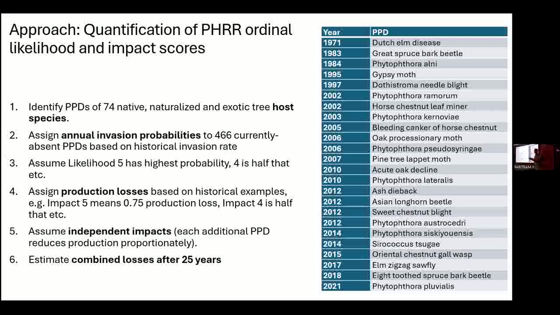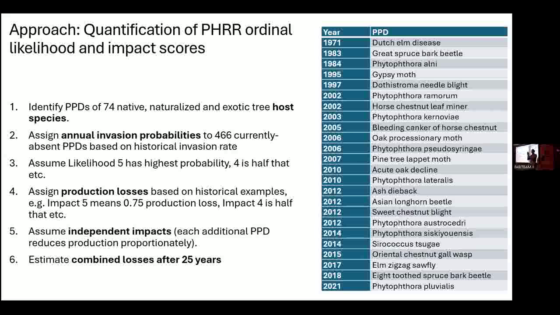We make some other assumptions. We assume that the impact of the arrival on tree production also works in a halving fashion, and based on our knowledge of what Ash Dieback did effectively, we assign an impact of 5 to mean a score of, let's say, between half and all of the trees dying.